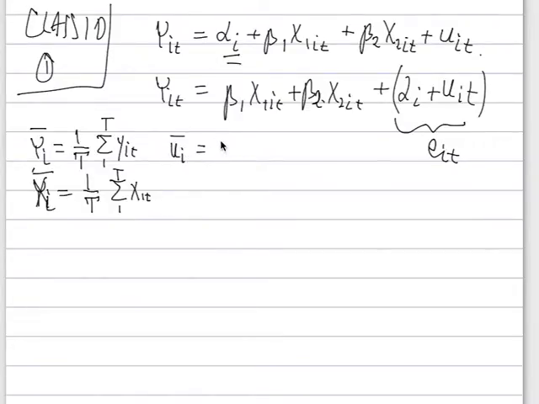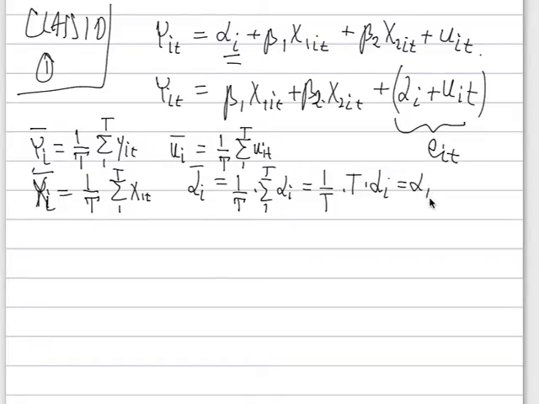So these are means of each variable. Now rewrite the equation in mean terms, with the resulting averages.